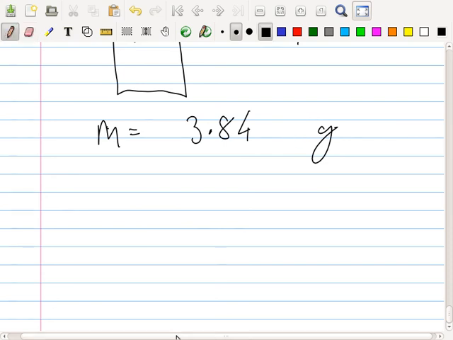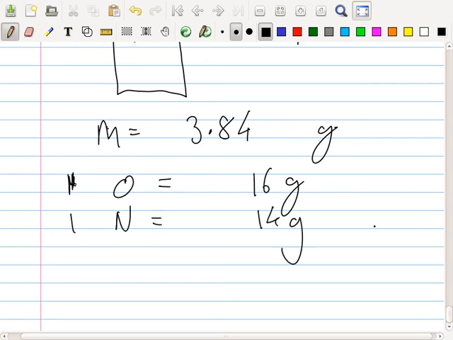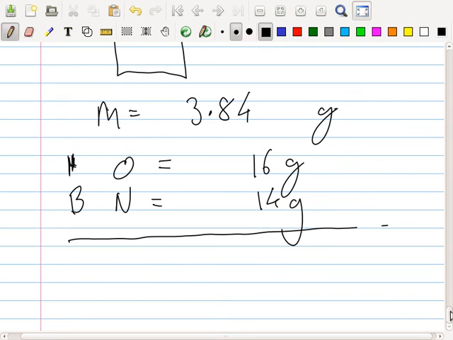Okay. Now we have to think back. One oxygen, how big was that? 16 grams. And one nitrogen equals 14 grams. But I have 3 of these, so together 4L will equal 58 grams.